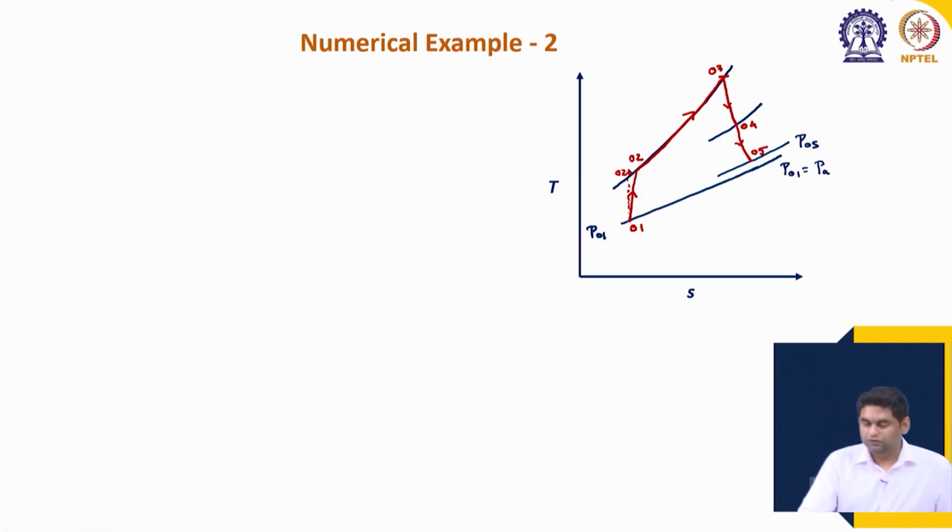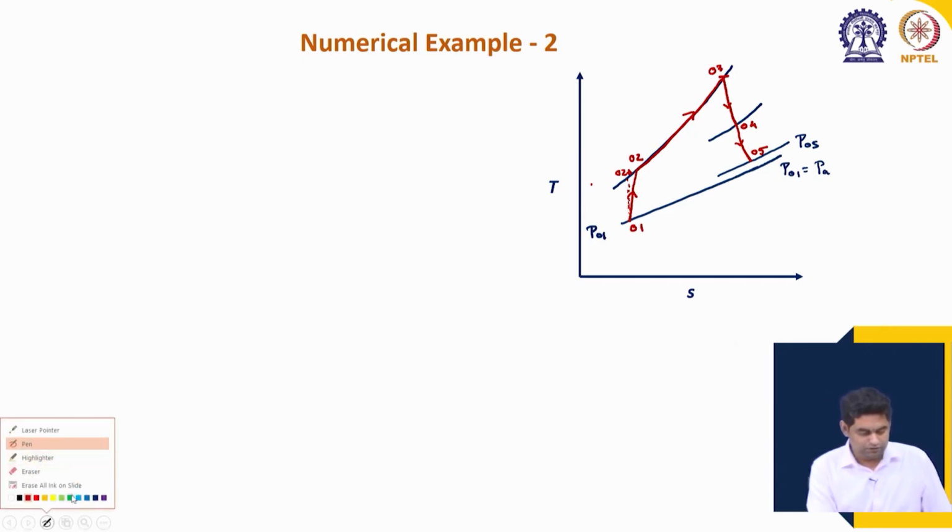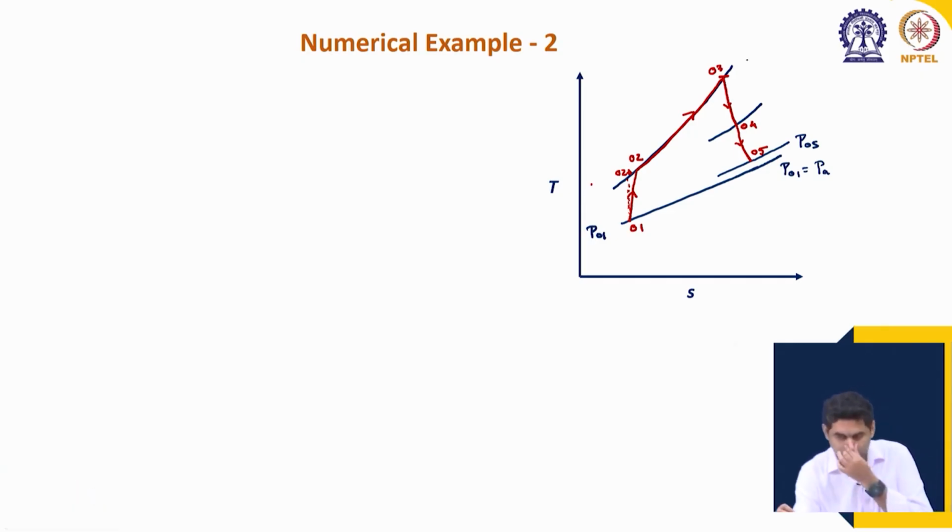So, P01 is the inlet pressure, then we have P02 which is equal to P03, then unknown pressure P04 and then P05, which is given as 120 kPa.